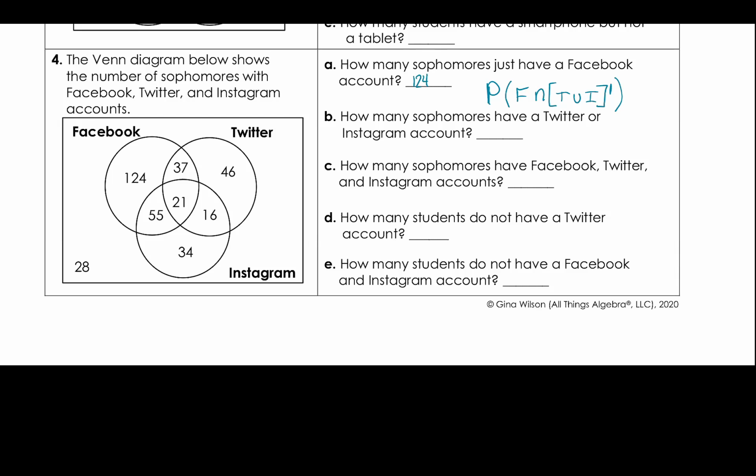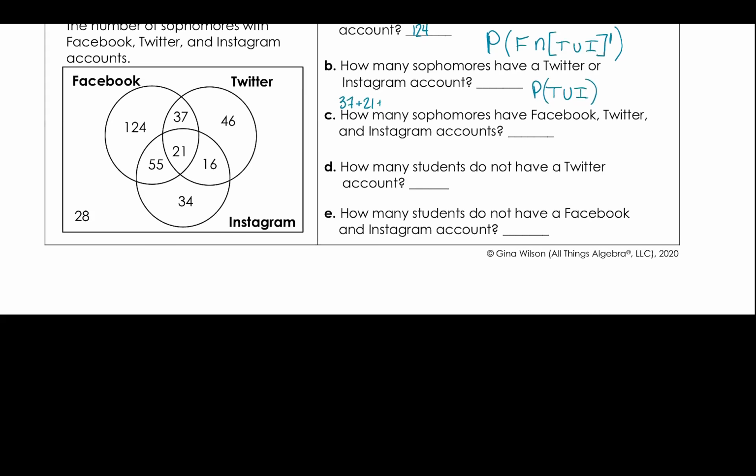How many have Twitter or Instagram? So probability of Twitter or Instagram. So that's going to be, so we got a lot of numbers. So 37, 21, 46, 16, 34, and 55.